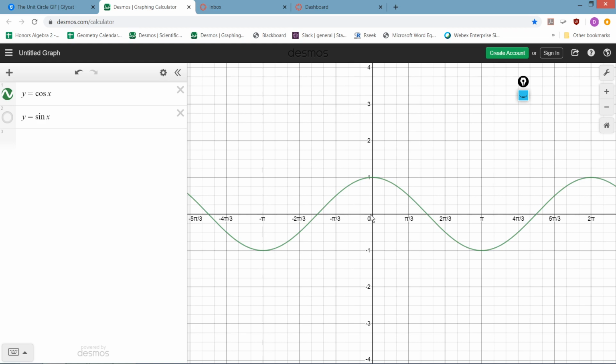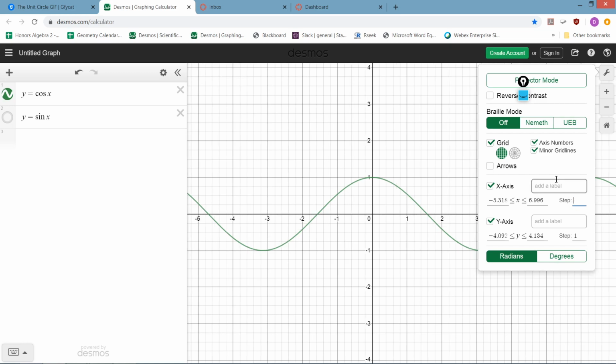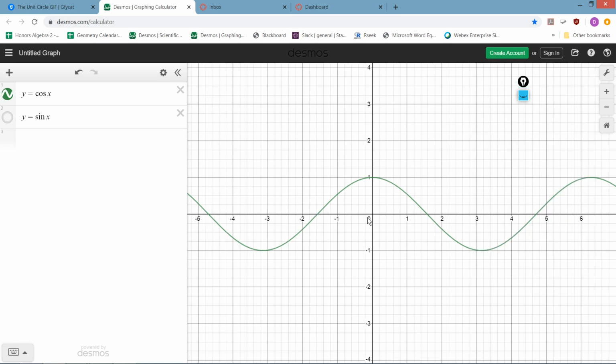So here's my degrees, in radians. Notice how this is in radians in here, pi over 3, 2 pi over 3 pi. You can change that by clicking on graph settings up here, and you can click radians or degrees. For my step, I put pi. If I take that out, I go back to the usual numbers.